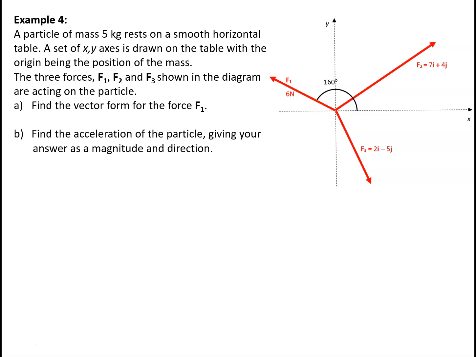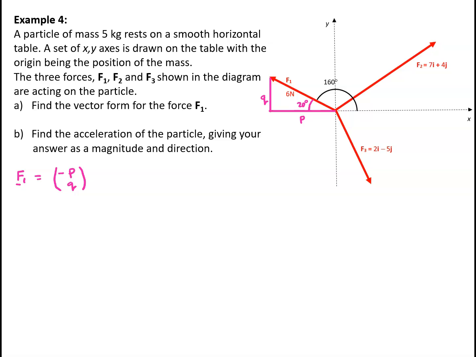So, starting with the vector form for F1, we need to set up a right-angled triangle for the vector F1. So there I've got my right-angled triangle. Now notice in this right-angled triangle the x movement is to the left, which means it's negative. So F1 is going to be equal to minus P, Q, where P is the length of the line and Q is the length of the line in those triangles.